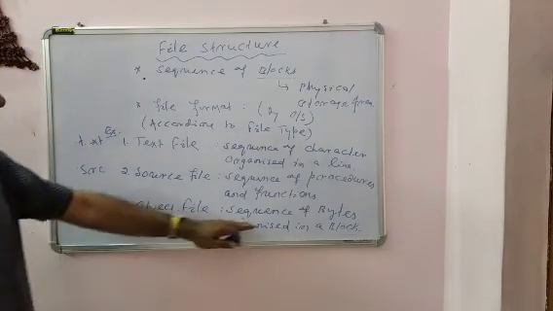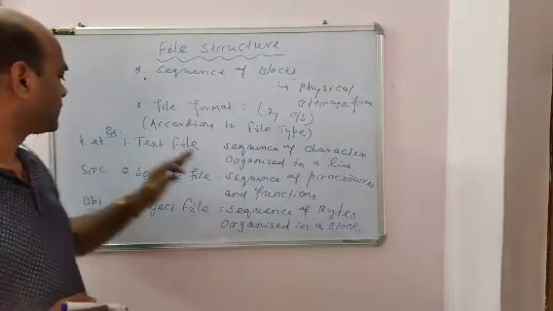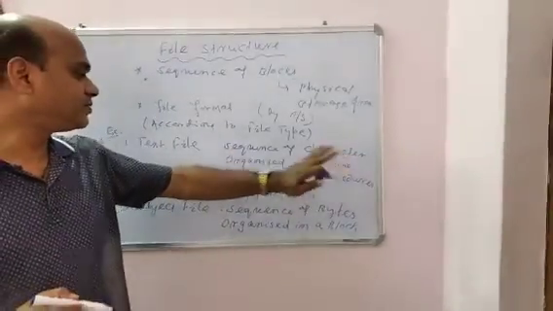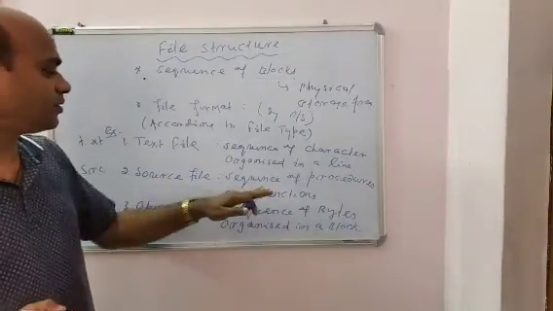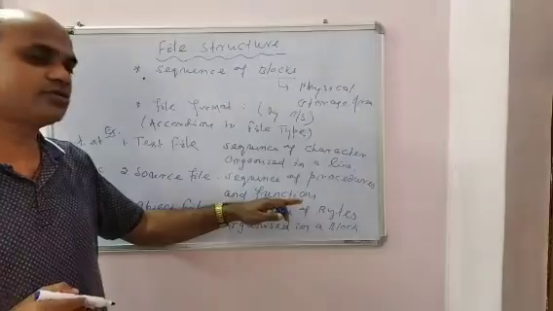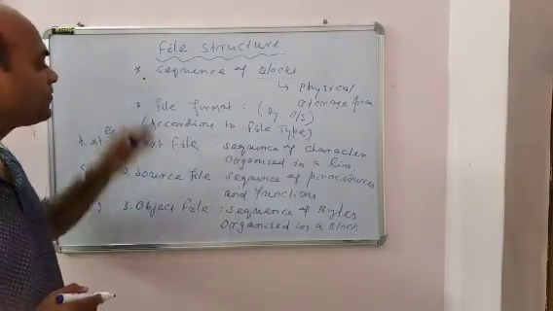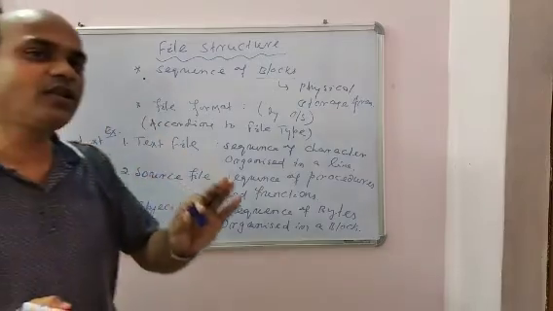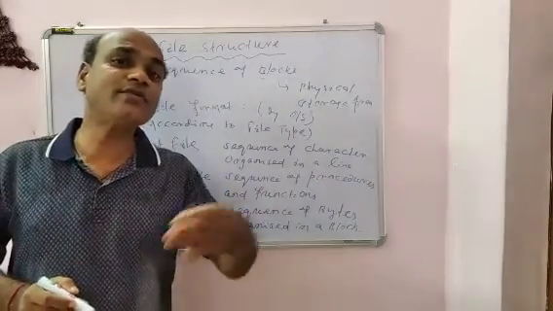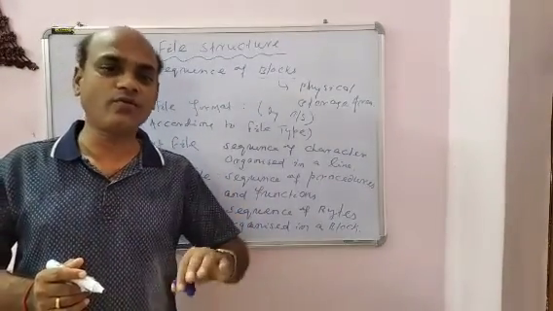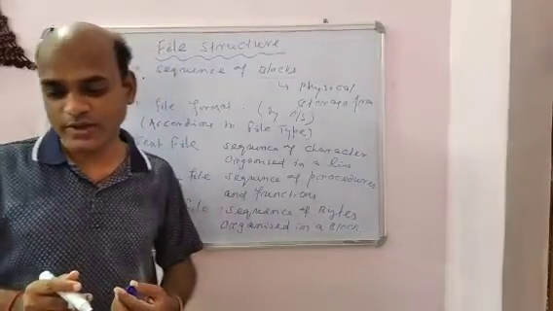An object file contains a sequence of blocks, a text file contains a sequence of lines, and a source file is a sequence of procedures and functions. This is the file structure: which type of file will store which type of characters or information.